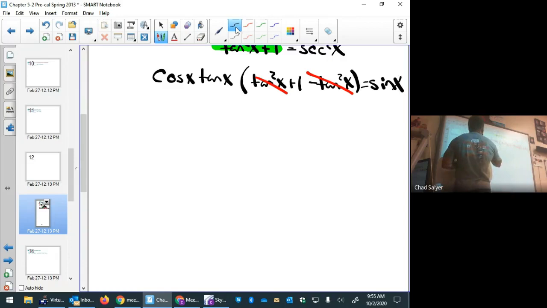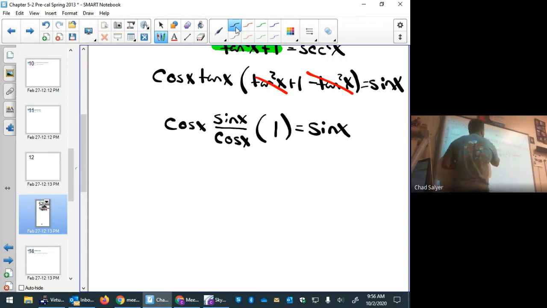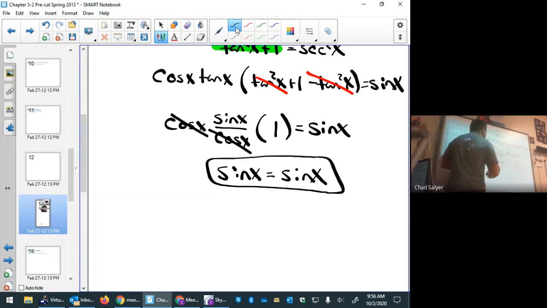So you're left with just 1, and I'm going to rewrite the tangent as the sine x over the cosine x. Everything in here just becomes 1. And the cosine x's cancel. So sine x times 1 is sine x. And we have done it, verified that identity.